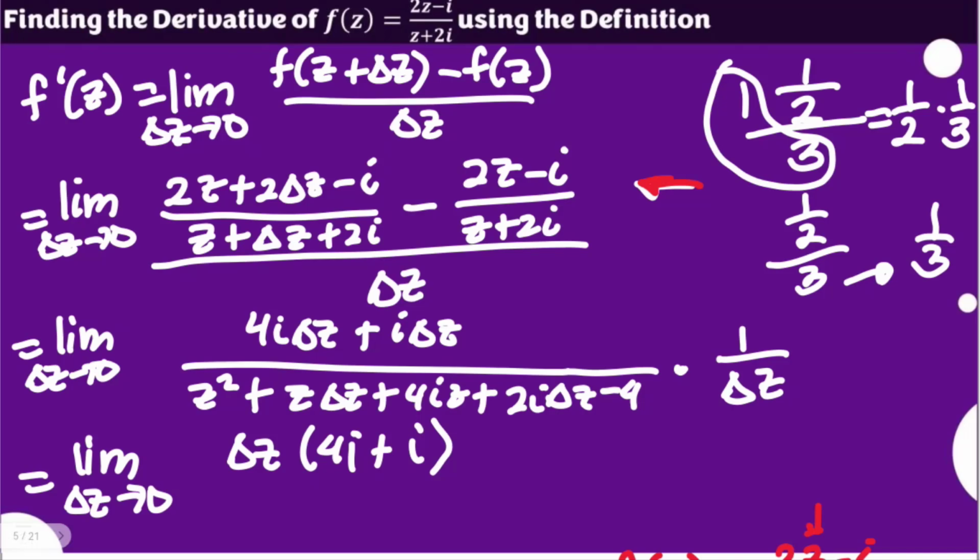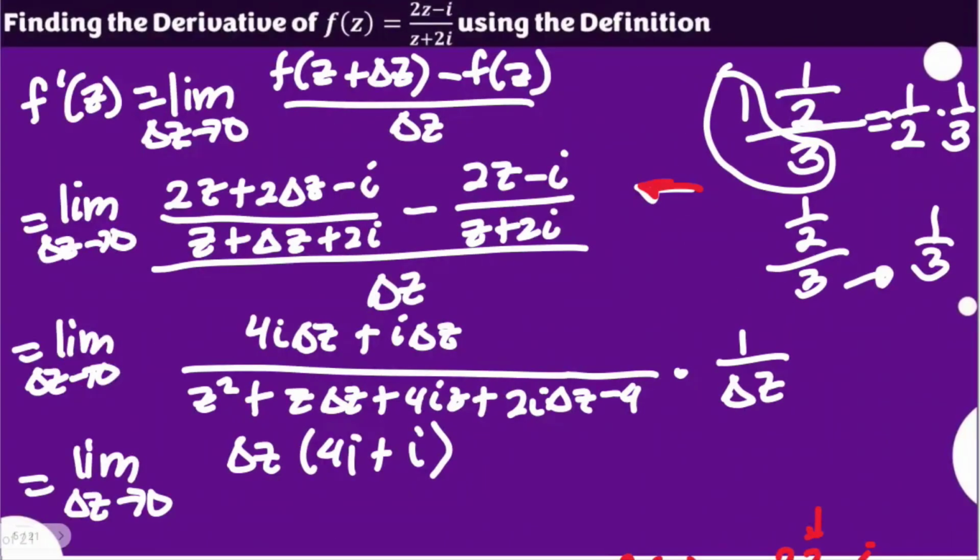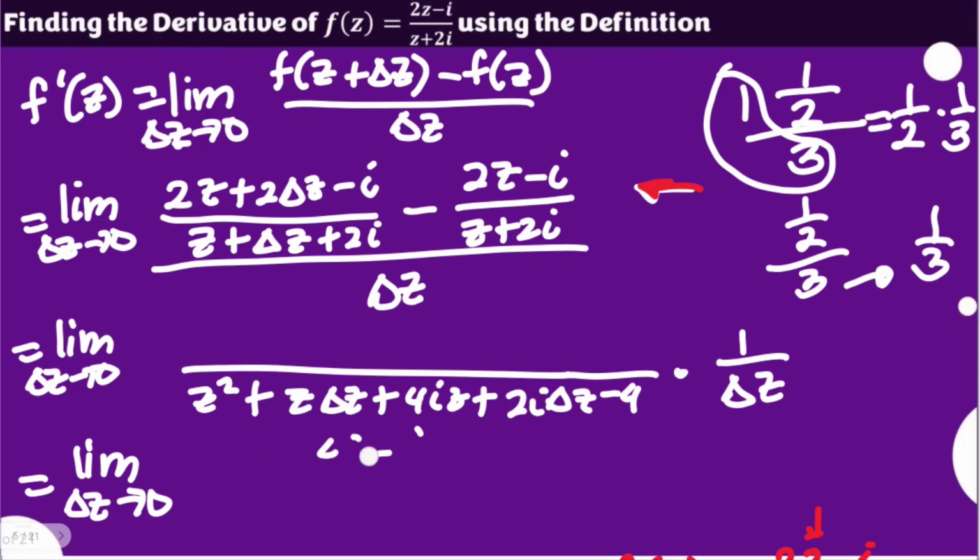We can actually add then the numerator here. Sorry, I forgot to add them. The sum of that is actually equivalent to 5i delta z.